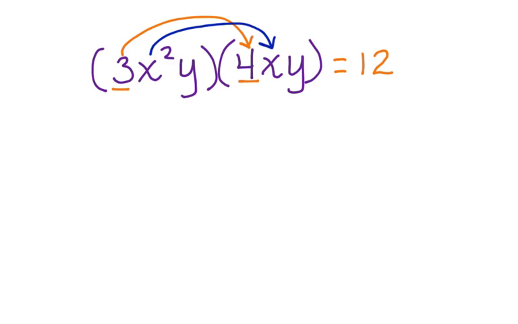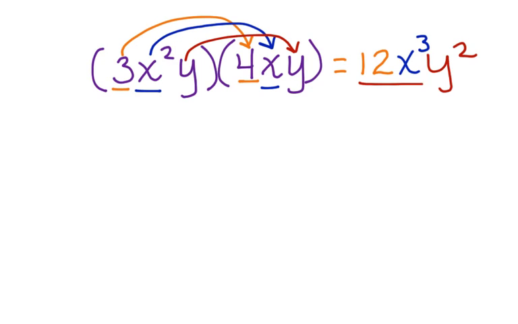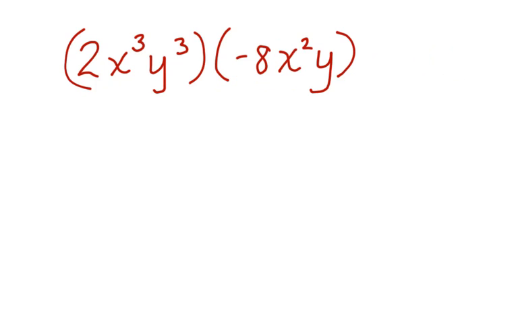X squared times x. When we multiply variables with exponents, we add them. So we end up with x to the third, or x cubed, and y times y is y squared. Here's my final answer.